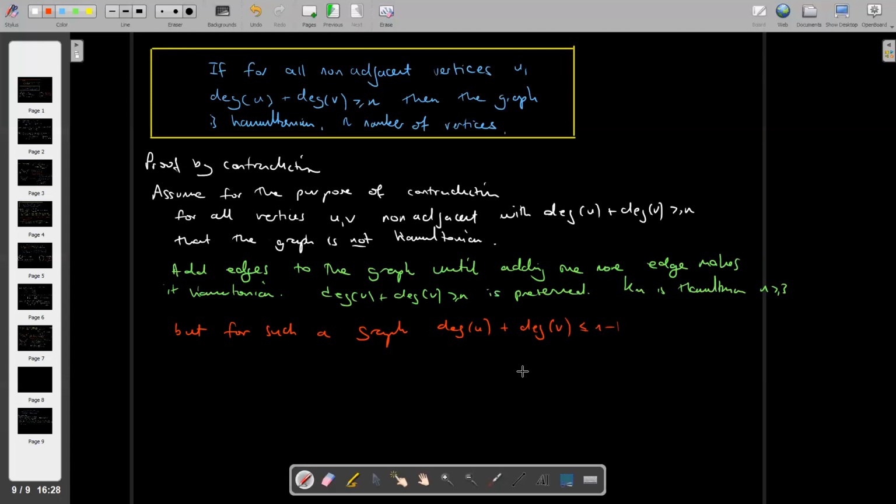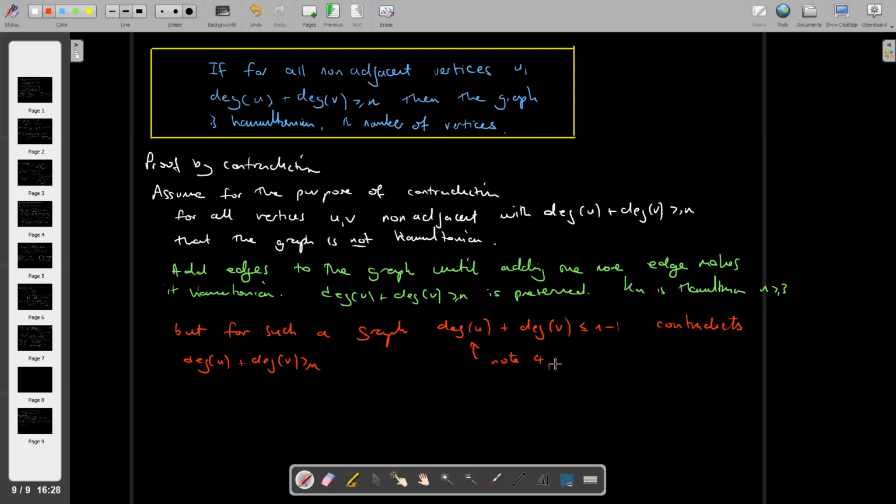Well, it can't be both, can it? So that contradicts the degree of u plus degree of v being greater than or equal to n. Okay, so this was the note 4.